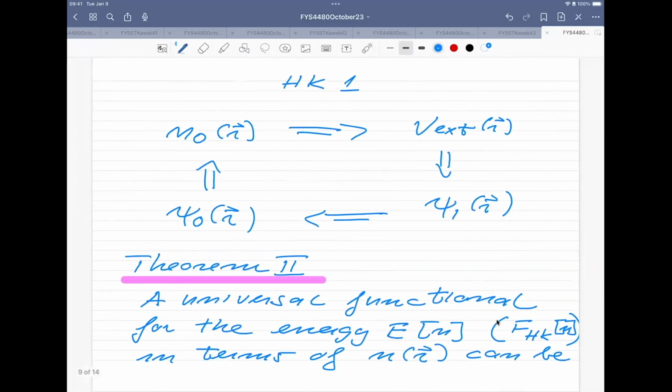And that establishes the proof for theorem number one. So that means that there cannot be two different external potentials which differ by more than a constant, which give the same ground state density, and which give rise to the same non-degenerate ground state charge densities. So that means that this n, which we have now, uniquely determines the external potential to within a constant.